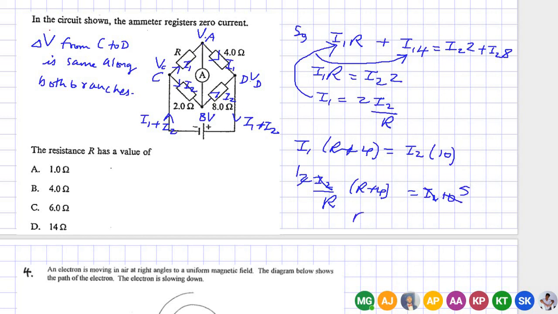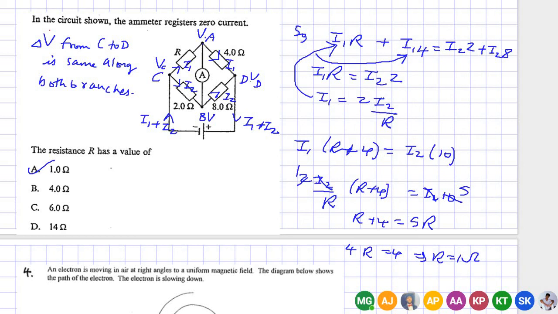So now you have R plus 4 equals 5R. So you have 4R equals 4, which implies R equals 1 ohm. So option A is correct.